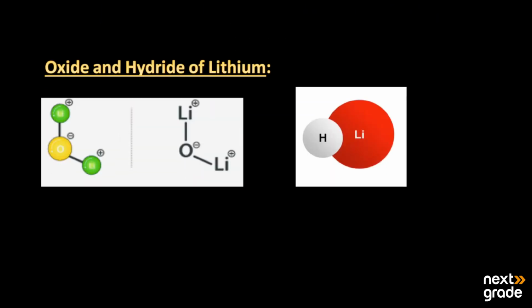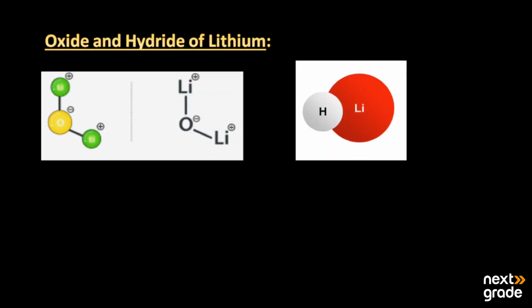Then we have the oxides and hydrides of lithium. Oxides mean when lithium reacts with oxygen, it changes into the oxide. On the other hand, when it reacts with hydrogen, it changes into the hydride. So here we have lithium oxide, which is Li2O, and lithium hydride.